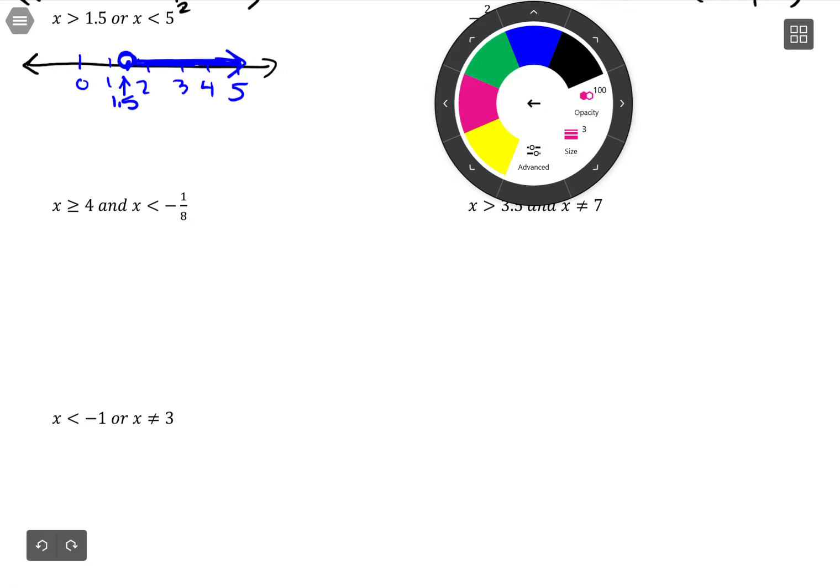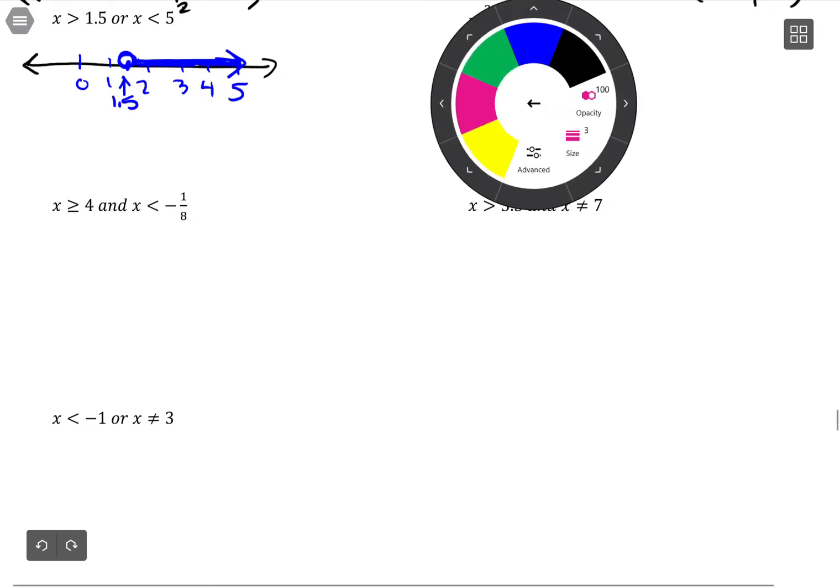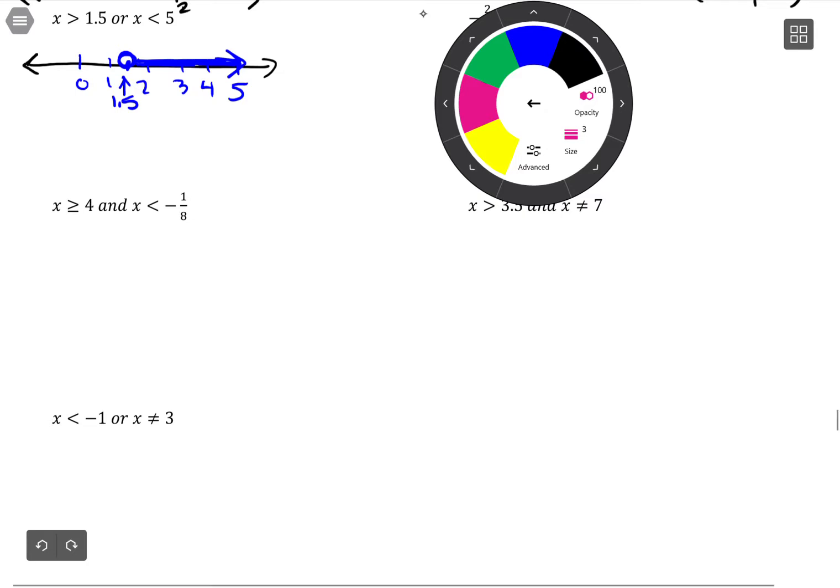We need an open circle at 5, and we want everything smaller than that. So this is my work.